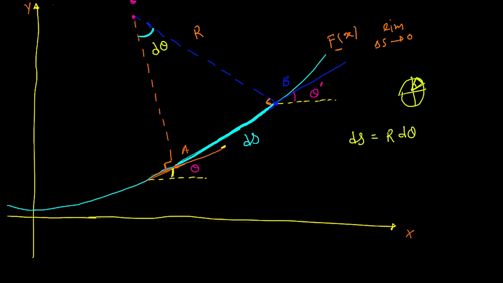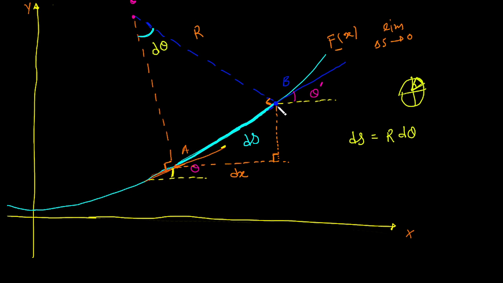So now let's extend a horizontal line from this A, so it looks like this. Now also extend a vertical line from this point B. Now they are perpendicular to each other. If this arc is infinitesimally small, then this side of the triangle, which we call dx, is also very small.